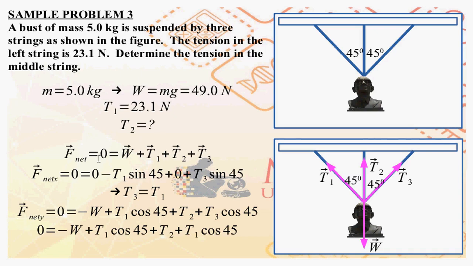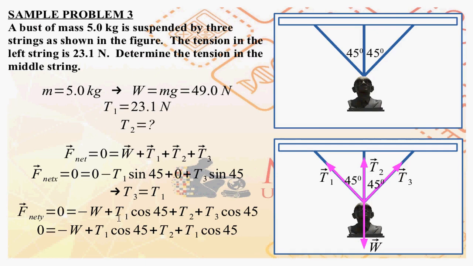Y component of 0 is 0. Y component of weight. Weight is vertical. All of it is in the Y component, negative direction. So negative W. Y component of T1. T1 diagonal. The vertical component is positive direction, adjacent to 45 degrees.